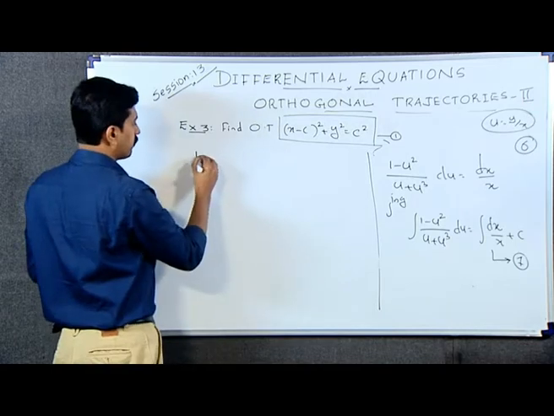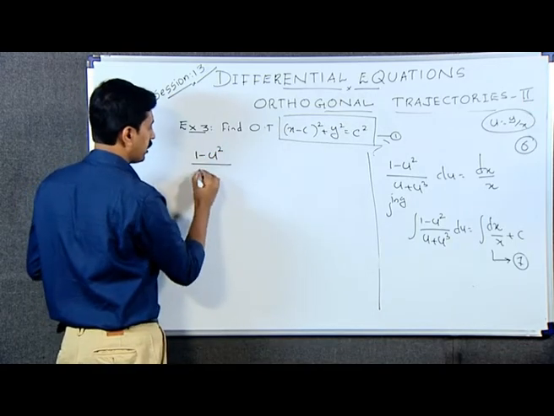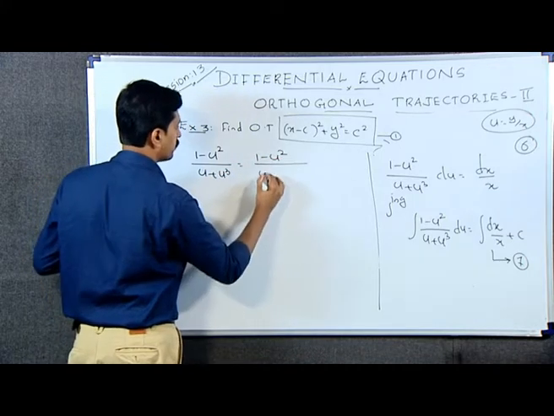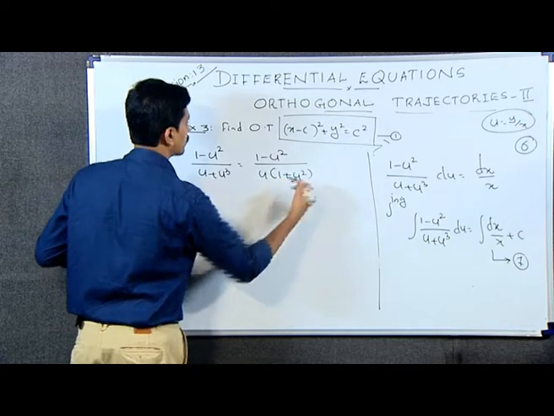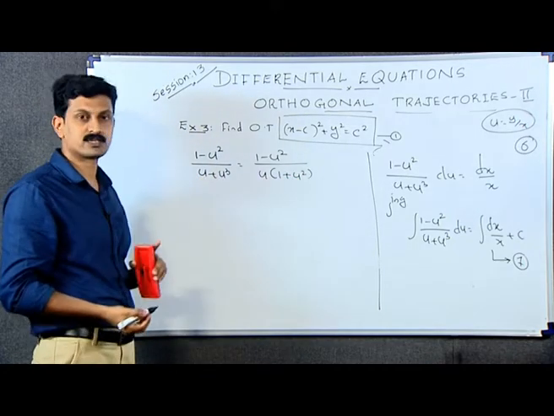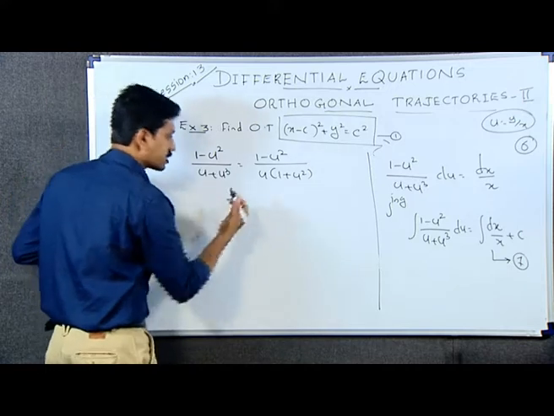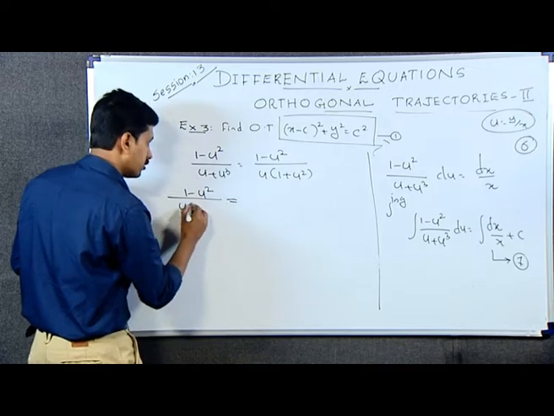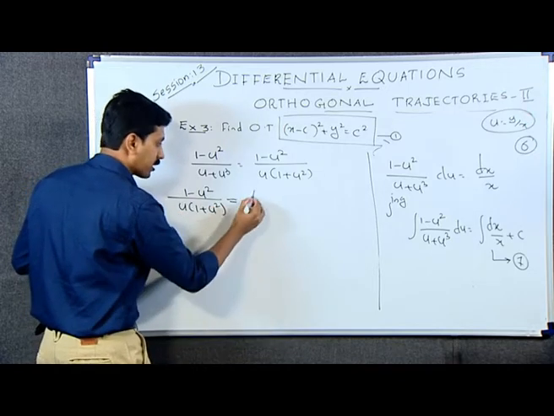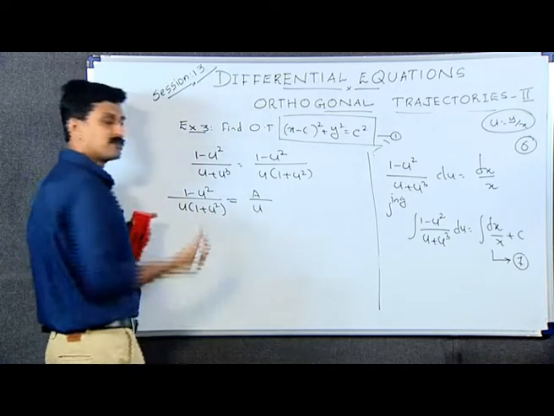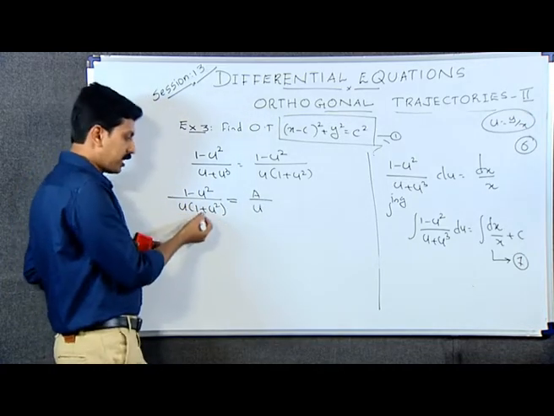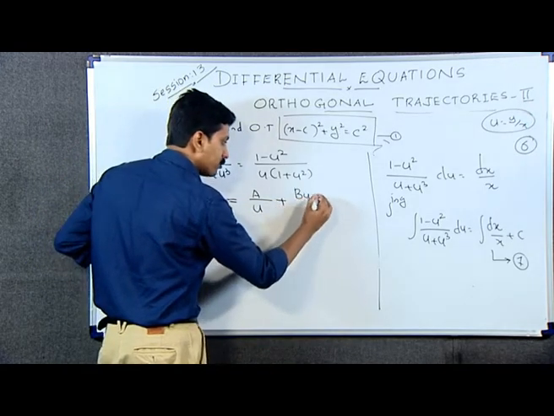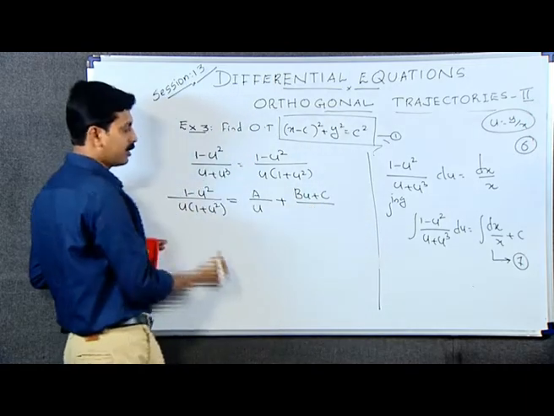So, I am taking 1 minus u square divided by u plus u cube as 1 minus u square divided by u into 1 plus u square, just taking u out. We can rewrite this as a divided by u, plus the second part, which is a quadratic polynomial in u, so b u plus c divided by 1 plus u square.